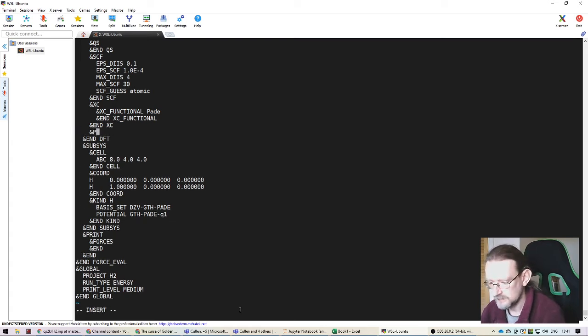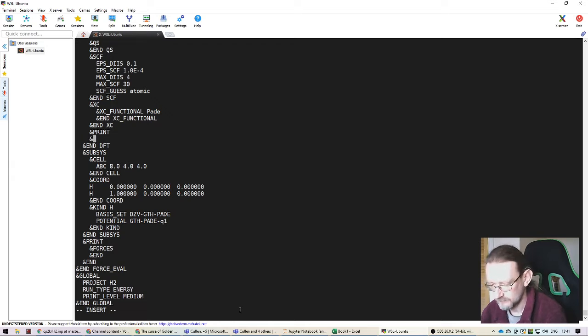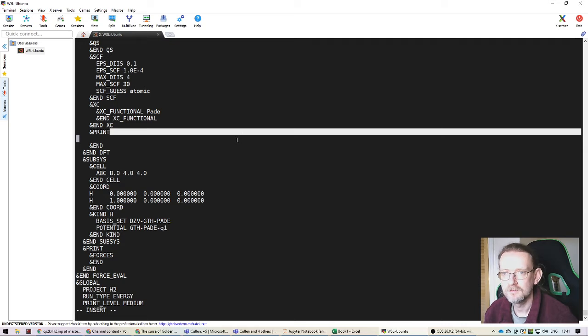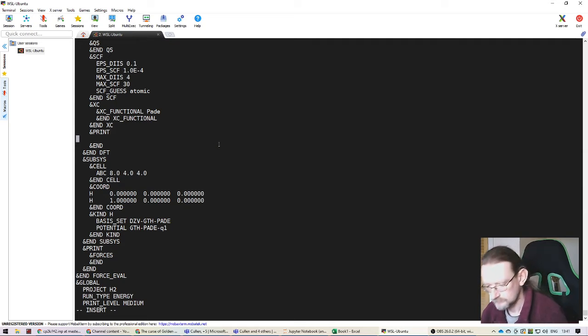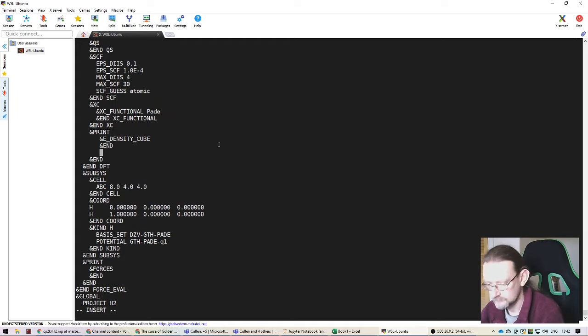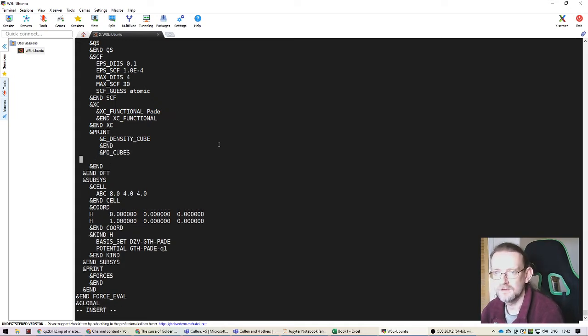So this print bit needs to go into the density functional.